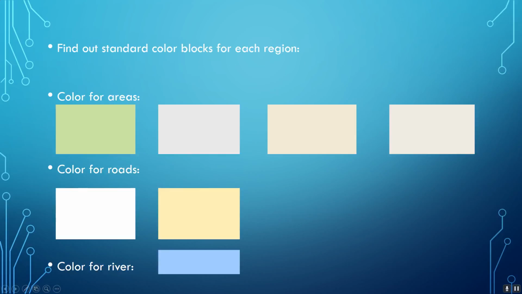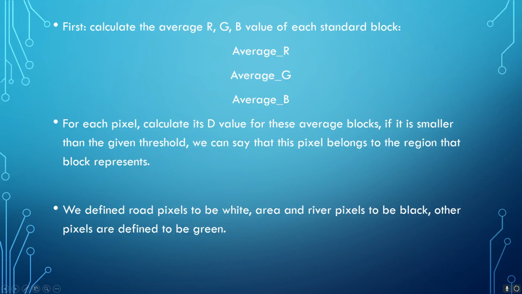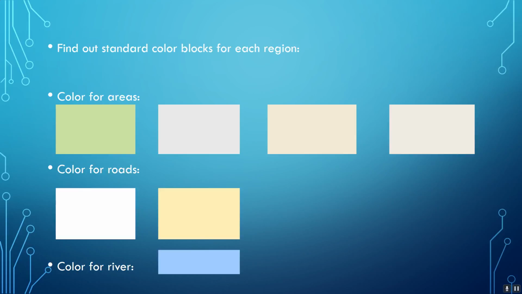So we need to calculate the D value for every pixel on this map.